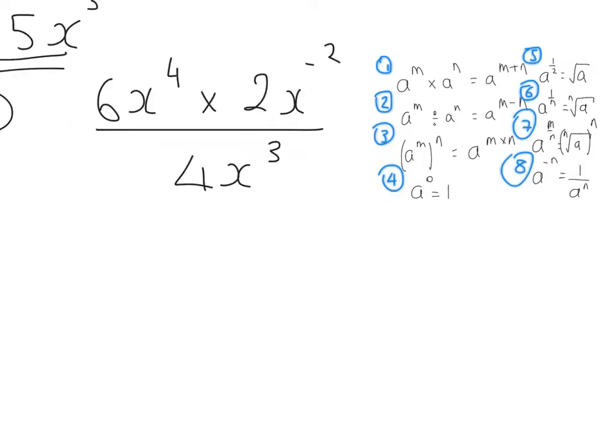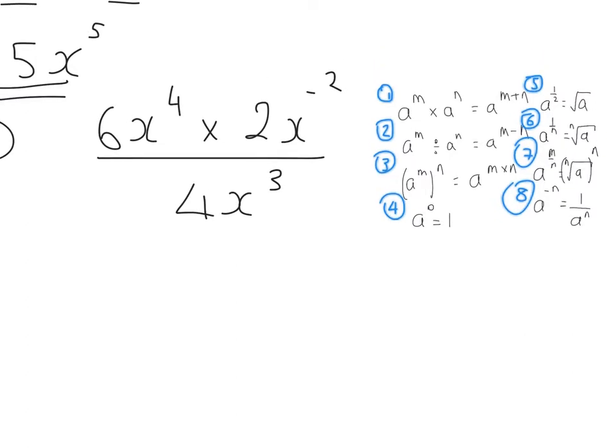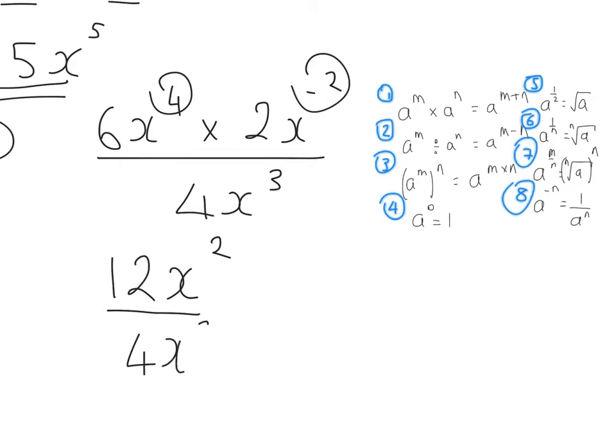So law 1, well, 6 2's are 12, and then add the powers, add 4 and minus 2, and that will give me 2, divided by 4x cubed. I'm now going to use law 2, so 12 divided by 4 is 3, and 2 minus 3 is minus 1, 3x to the minus 1. We can tidy that up, but we'll look at that a wee bit later.